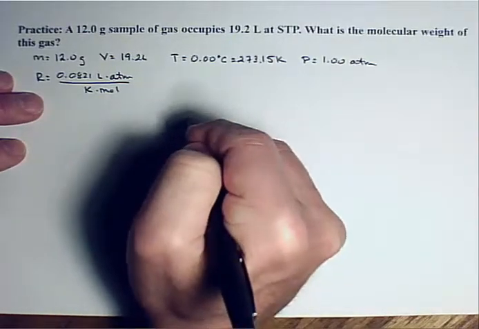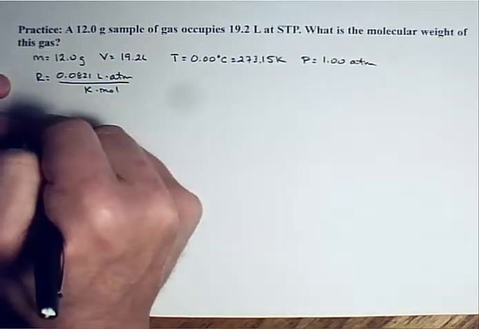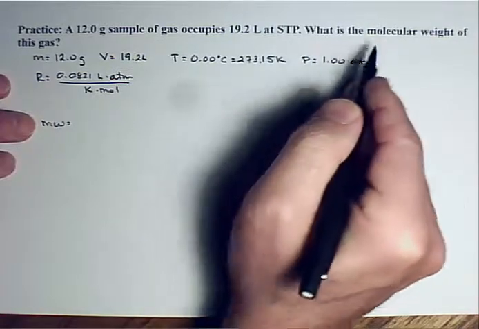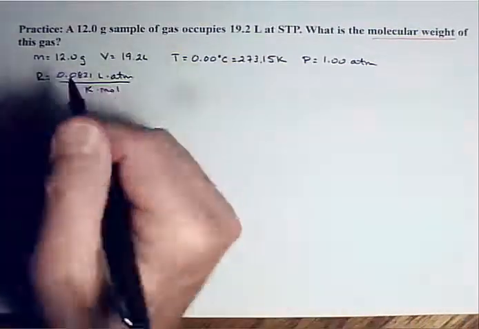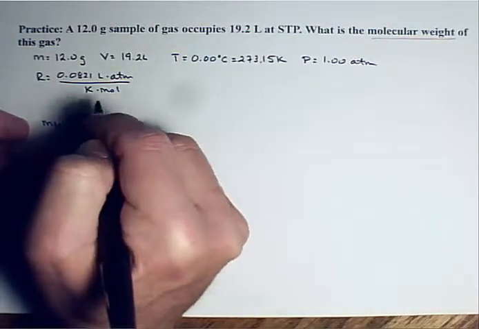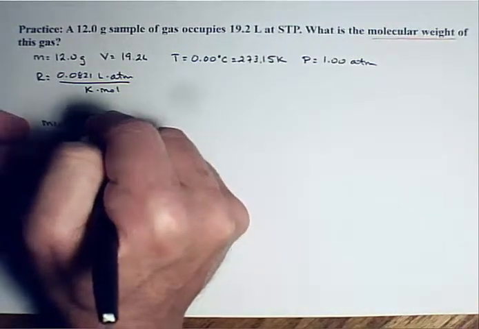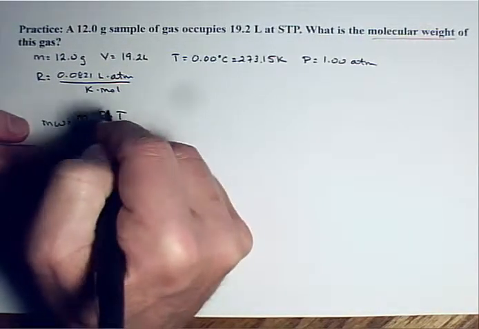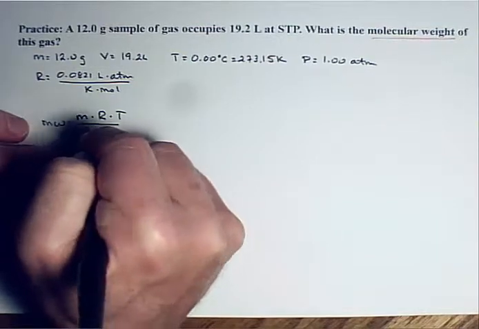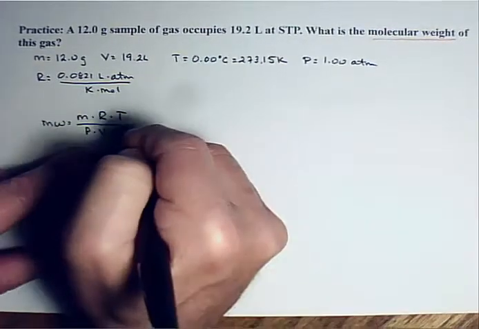Got it? So we want to use the equation where we have molar weight. We're trying to find molar weight, which is equal to mass times the ideal gas constant times Kelvin temperature over pressure times volume.